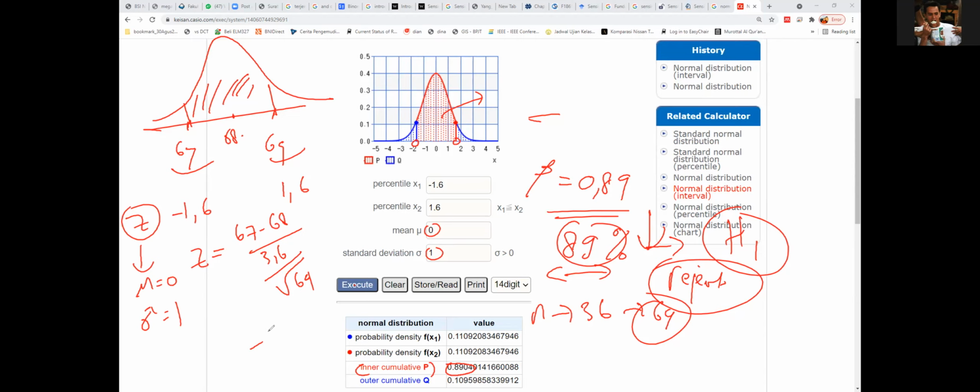Round 2. Correct? Isn't it 2.2, sir? 2.2.